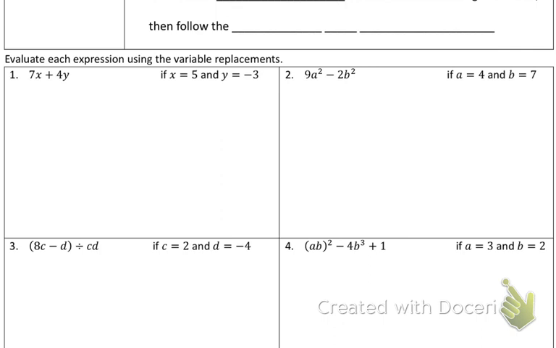You need to substitute using parentheses. So instead of 7x, we're going to write 7 times, what does x equal? 5. So we'll write 7 parenthesis 5 plus 4 parenthesis, what did y equal? Negative 3.